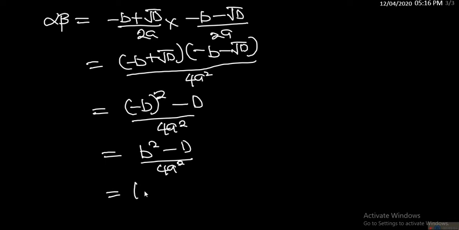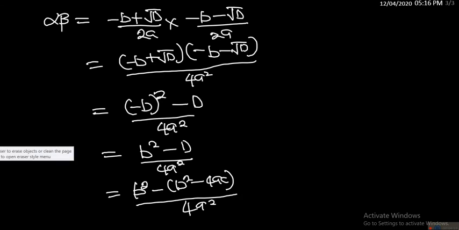From the beginning we said let D equal b squared minus 4ac. So if you substitute that, we have b squared minus, in bracket, b squared minus 4ac, everything over 4a squared. Minus times minus gives us plus.